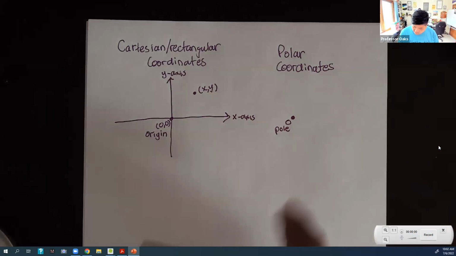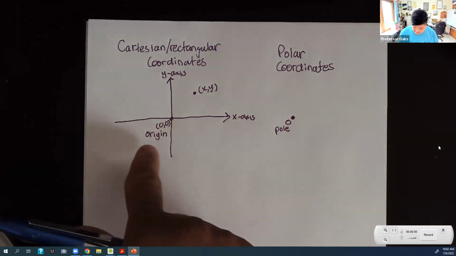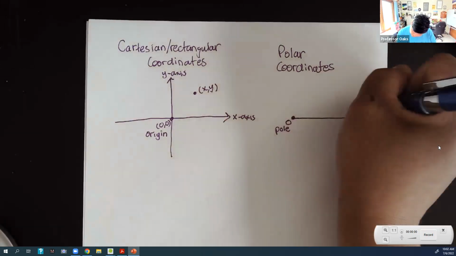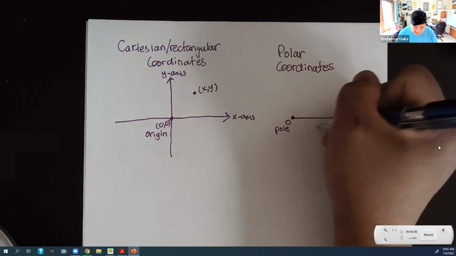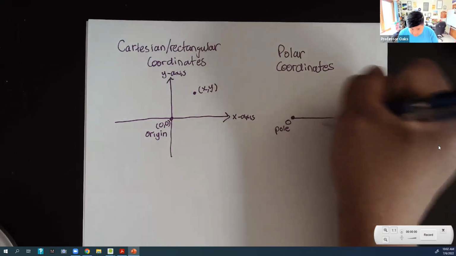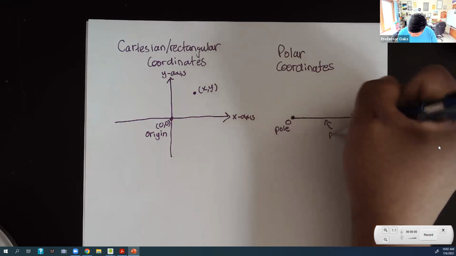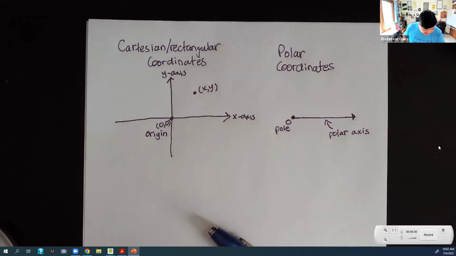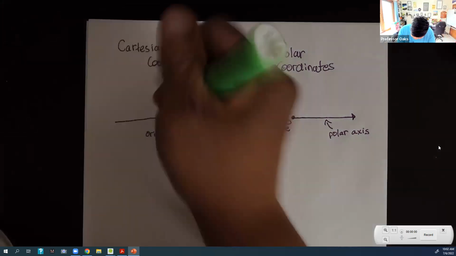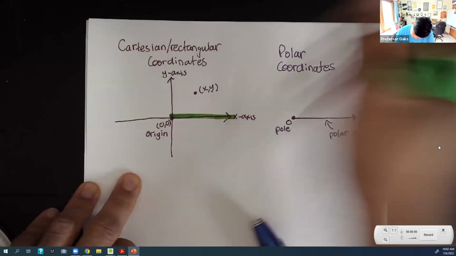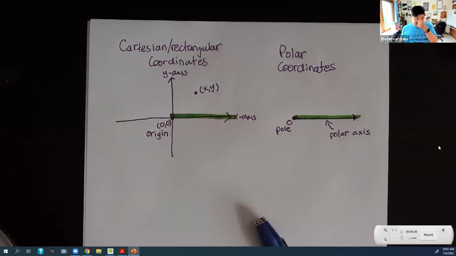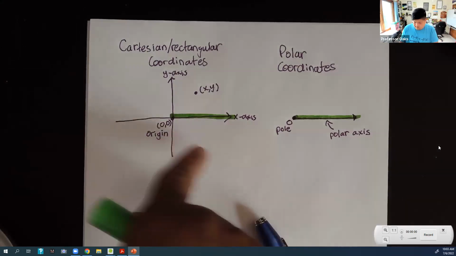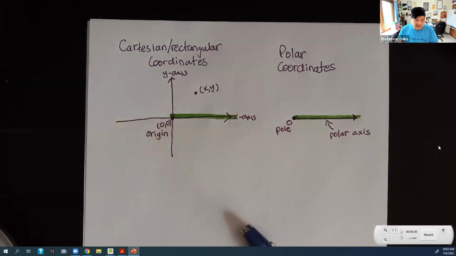So it's still labeled O because it's really the origin, but they call it the pole. And then this right here is what you call the polar axis. It really is just this part, the same part. So it's not like an axis going both directions. It's just going one direction like that.